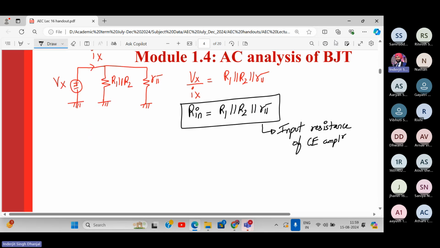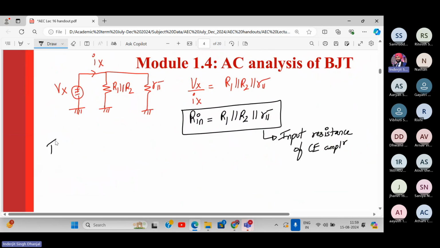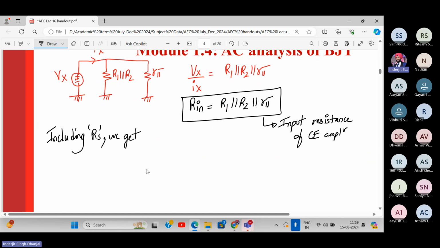Now, if you connect back the source resistance, here we have ignored RS. So including RS, what do we get over here? Anyone? So if this is my RS and this entire thing is my Rn, I'm calling it Rn now.